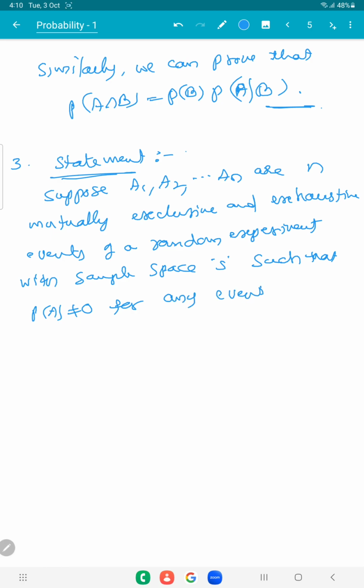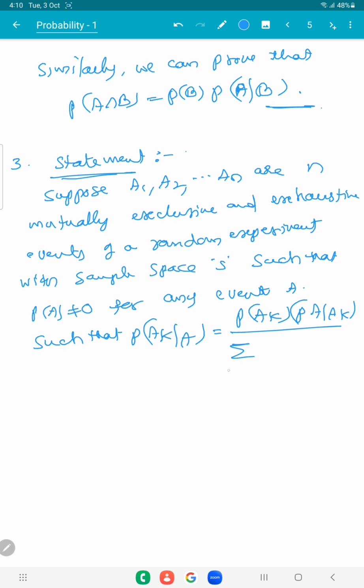Then P of Ak given A is equal to P of Ak into P of A given Ak, divided by summation i equals 1 to n of P of Ai into P of A given Ai.